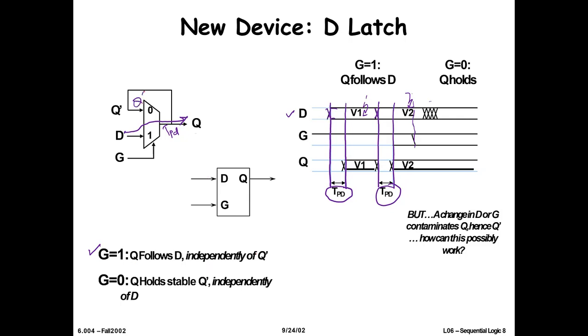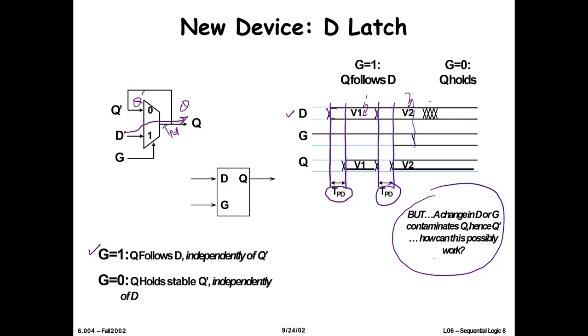This is called Q prime, and this is called Q. And when G is 0, Q holds Q prime independent of D. But there is this small detail: a change in D or G contaminates Q, hence Q prime.